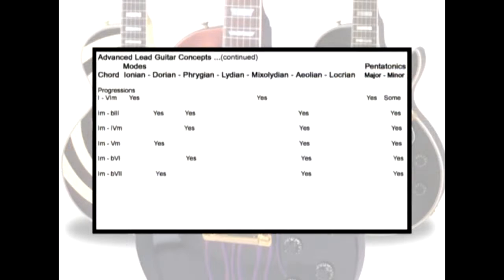The second progression on this chart shows a 1 minor to flat 3 major chord movement, sharing the same notes as the Aeolian, Dorian, and Phrygian modes, as well as the minor pentatonic scale.